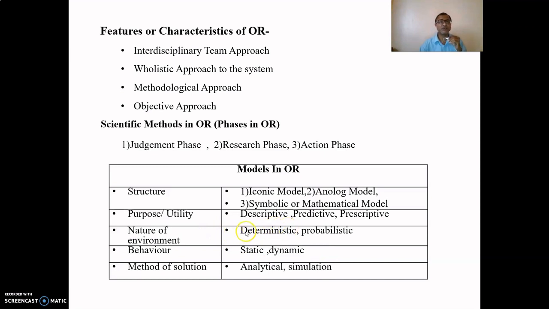Next one is the nature of the environment, that is deterministic or probabilistic. Another classification of models is based upon the nature of the environment: deterministic or probabilistic. In a deterministic model, operations research analysis assumes complete certainty about the values of the variables and the available resources. Whatever results are found are based upon these constants only, so there is no uncertainty and no probabilistic nature. The other is the probabilistic model, meaning prediction of the results under uncertainty.